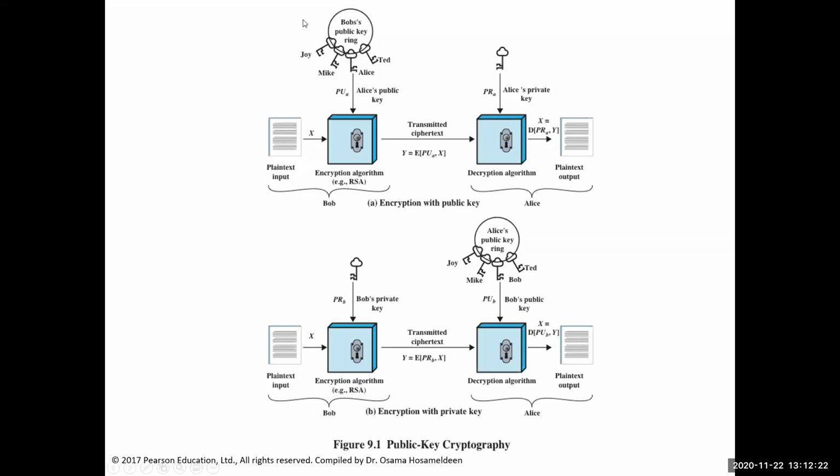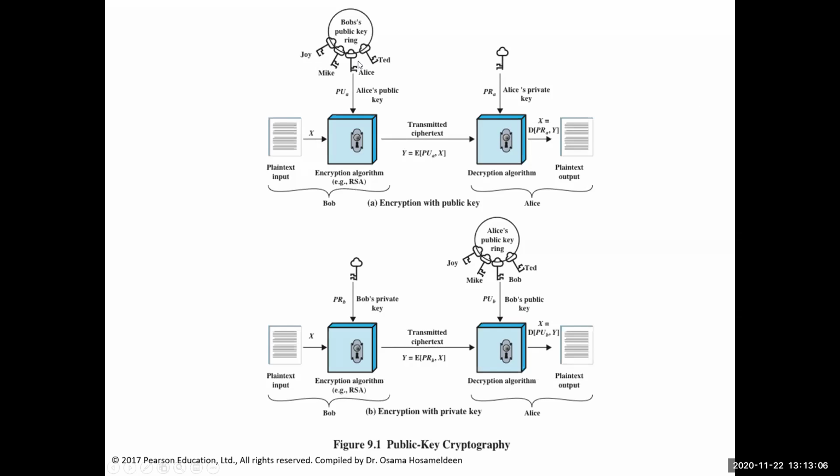He has all of these public keys. And for example, he wants to communicate with Alice. So he will take her public key and then encrypt the plain text using the encryption algorithm, which is RSA. It will come up with ciphertext. This ciphertext is moved to the receiver, and the receiver is Alice. Alice has her private key, so she uses her private key to decrypt the data and come up with the plain text again.